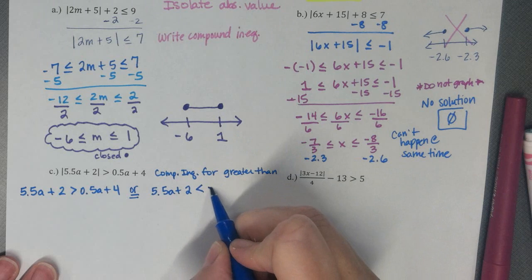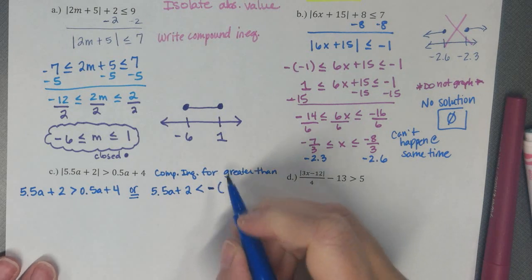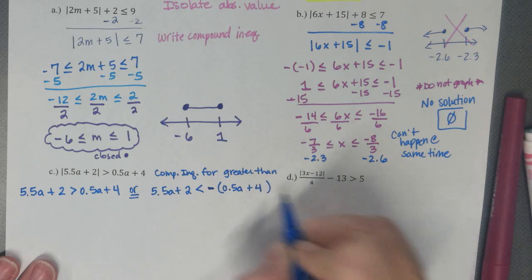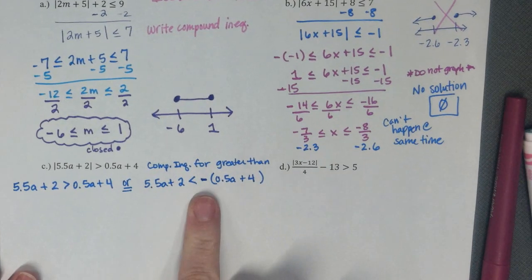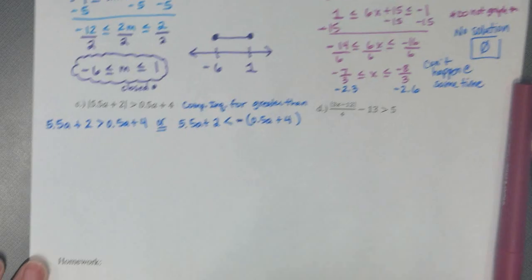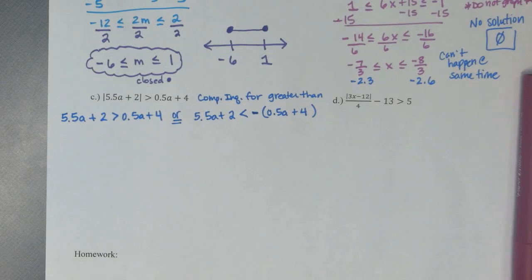Remember when you have a quantity and you have a negative, you have to make sure you do what with the negative? What are we going to do with that negative there? Distribute. Yep. So the opposite of C in this case is going to be distributed to both of those.